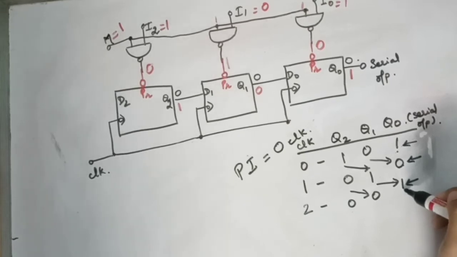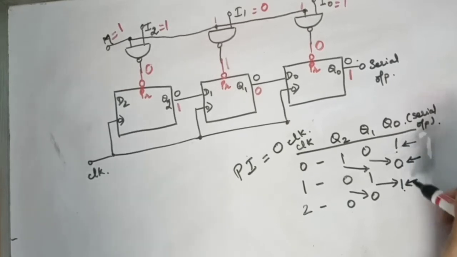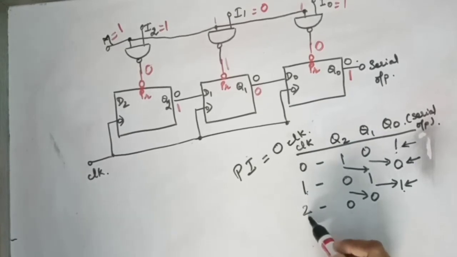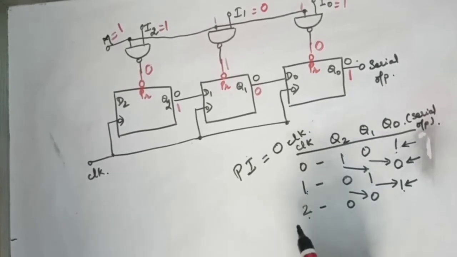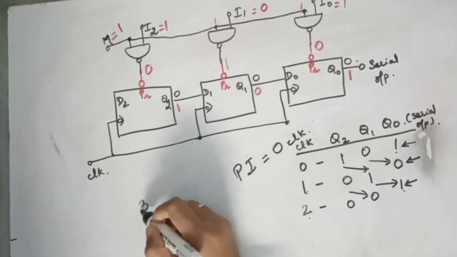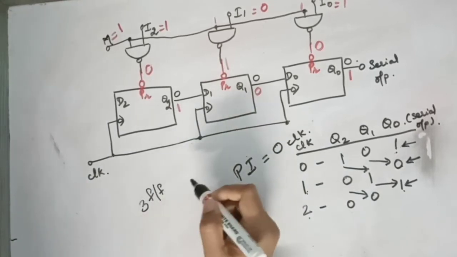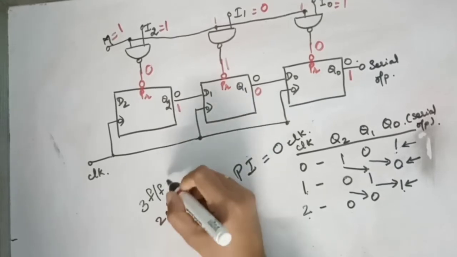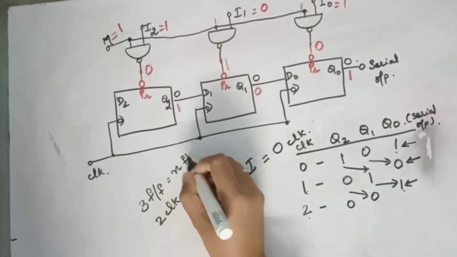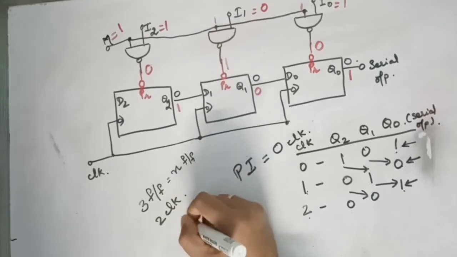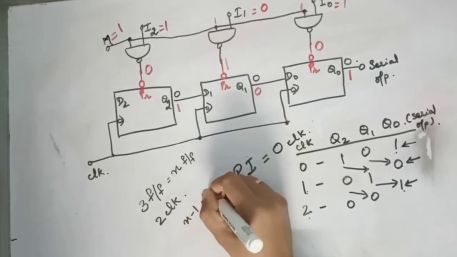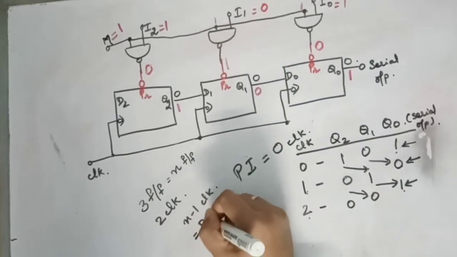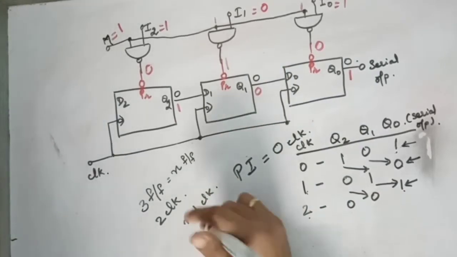How many clock pulses did you need to get all the bits? You need 2 clock pulses. How many flip-flops did you use? 3 flip-flops. 2 clock pulses. So if it is n flip-flops, then you need n minus 1 clock pulses for serial out.